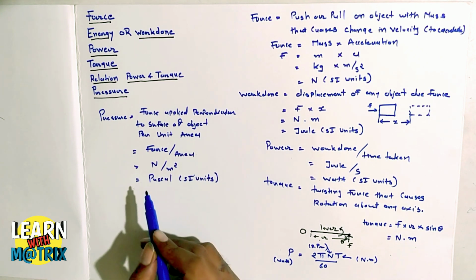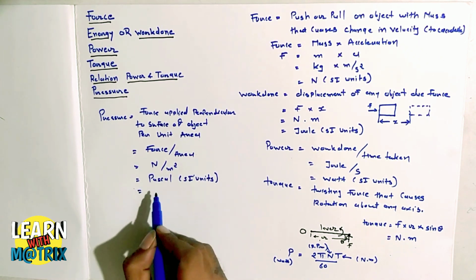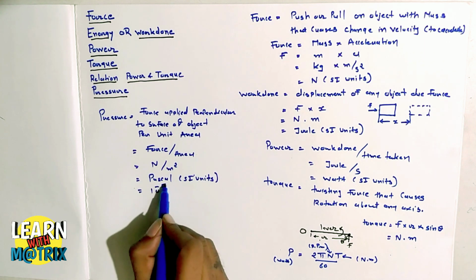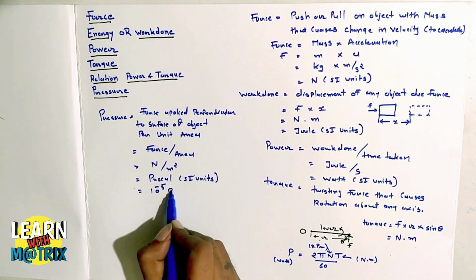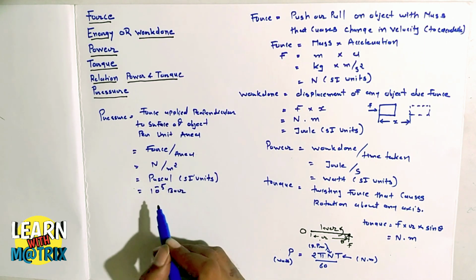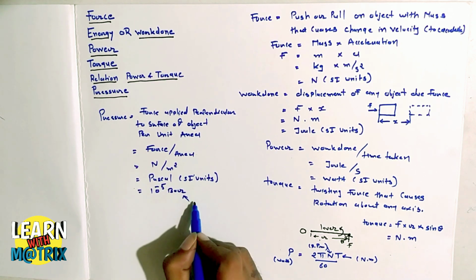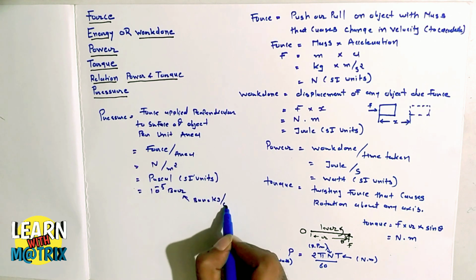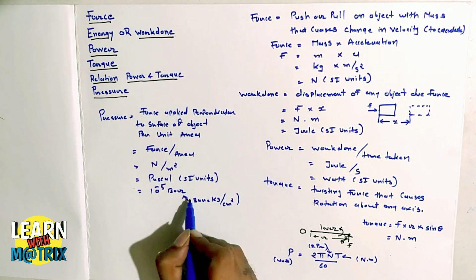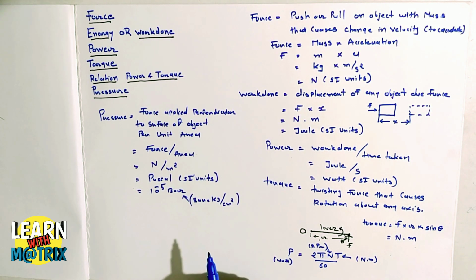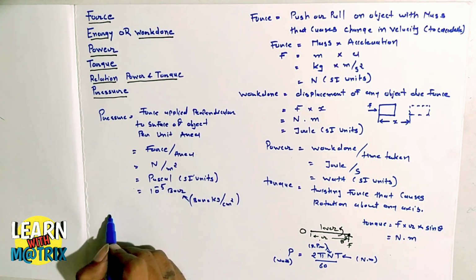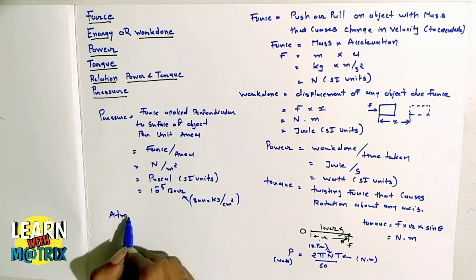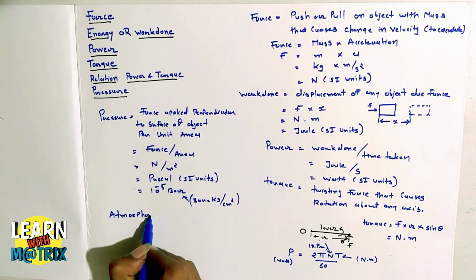Friends, pressure has various units. Also we can write in bar, 10 raised to 5 Pascal is equal to 1 bar, whereas bar is in kg per centimeter square. Generally, atmospheric pressure is measured in psi.